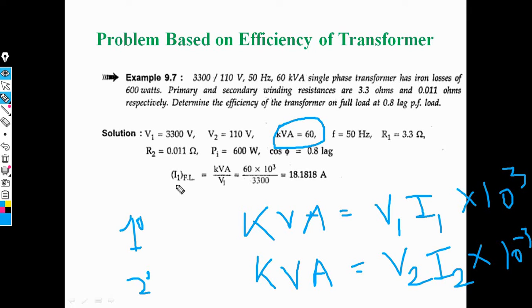Now for the primary winding we first calculate I1, then we calculate I2 for the secondary winding. First we calculate I1.